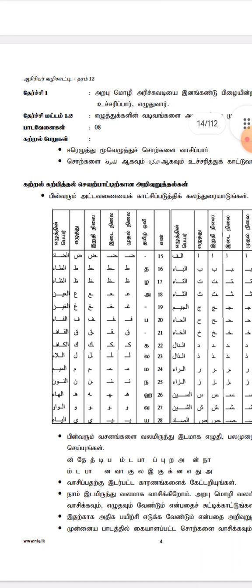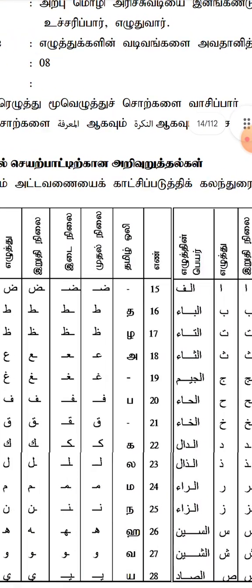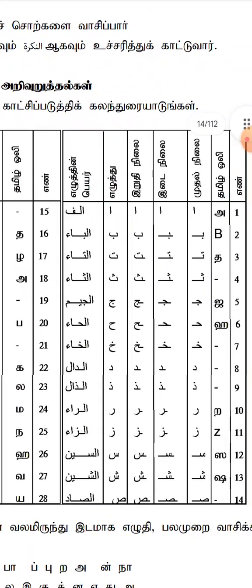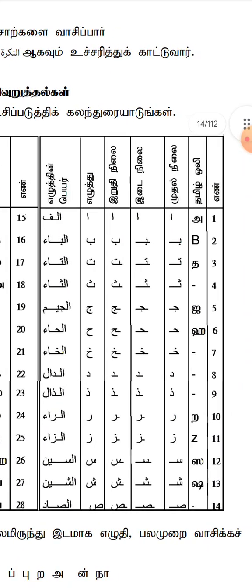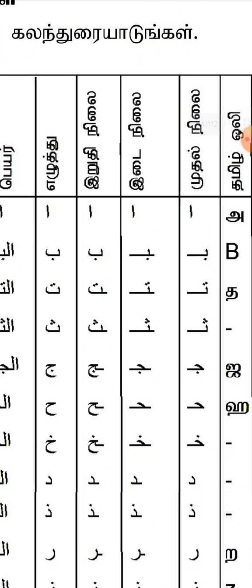So now if you take the letter alif, when it comes in the places, in the first place it will come in that way only, in the second place it will come in that way only. They had given the places: first, second, third, fourth.